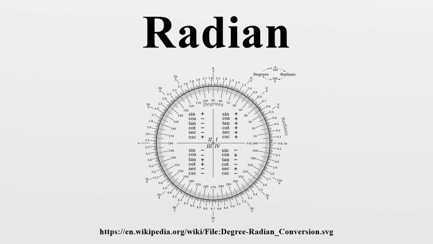It follows that the magnitude in radians of one complete revolution is the length of the entire circumference divided by the radius, or 2 pi r over r, or 2 pi. Thus 2 pi radians is equal to 360 degrees, meaning that 1 radian is equal to 180 over pi degrees.